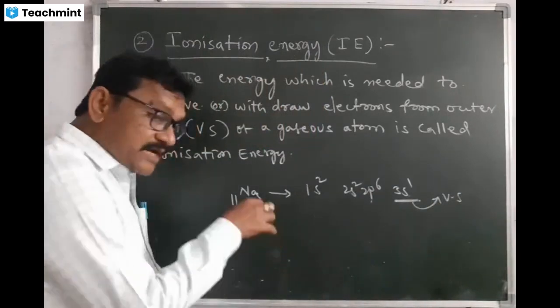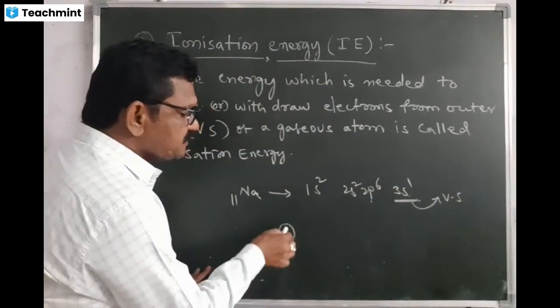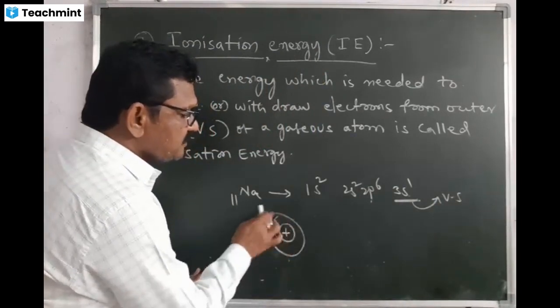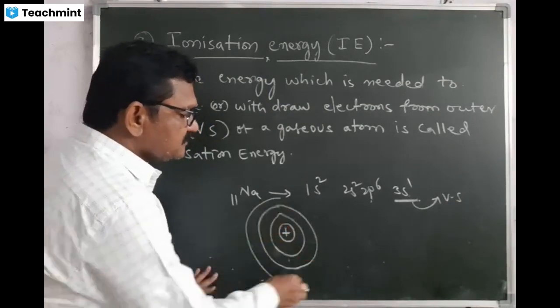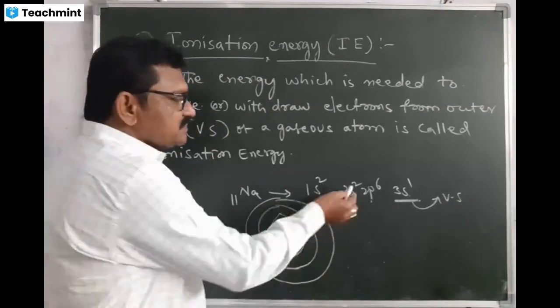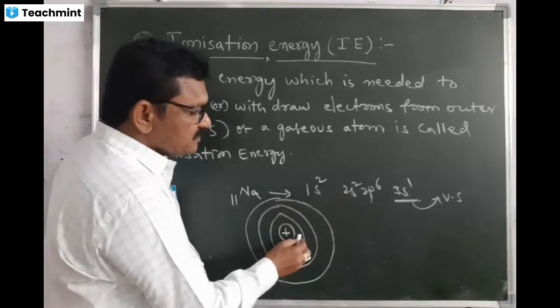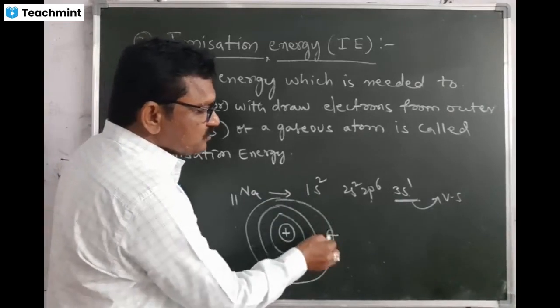So I can draw the sodium atomic structure. See, this is the nucleus, first shell, then second shell, then third shell. In the first shell, 1s2. Here 2s2 2p6. 3s1 means only one electron is there.